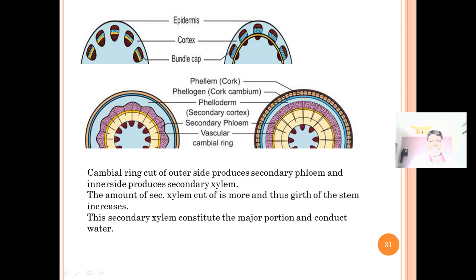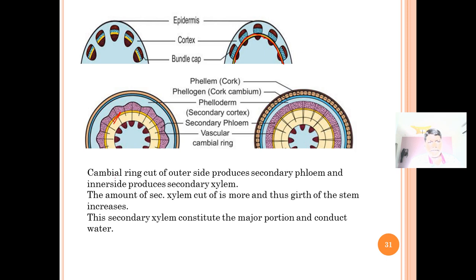Here you may find clearly a ring-like structure formed due to the presence of the fascicular and interfascicular cambium. This ring structure will start to divide from both sides. On one side it will produce phloem, on the other side it will produce xylem.